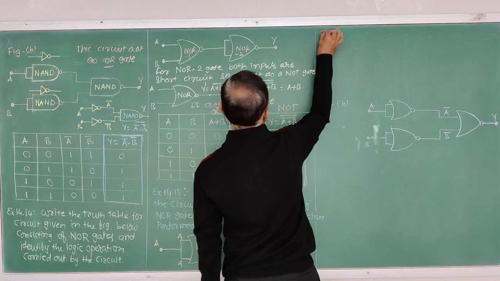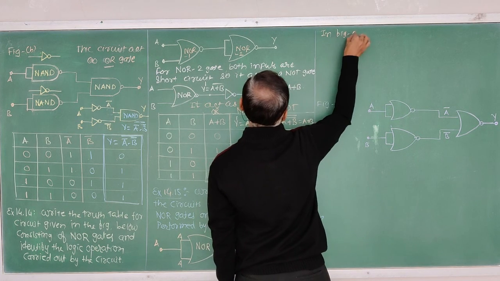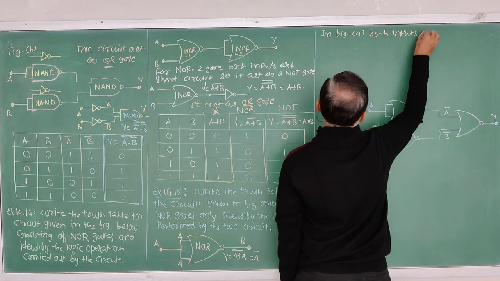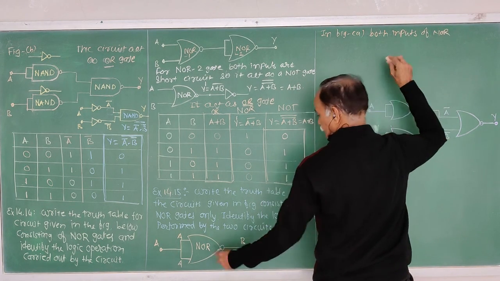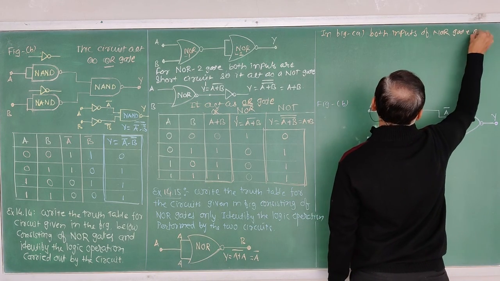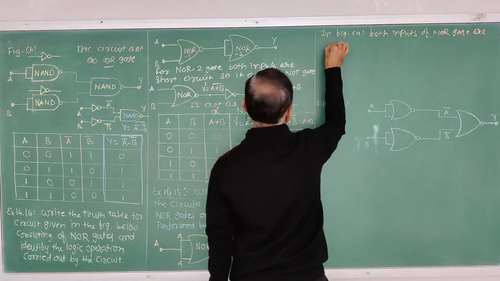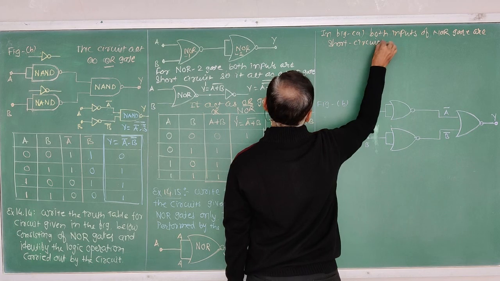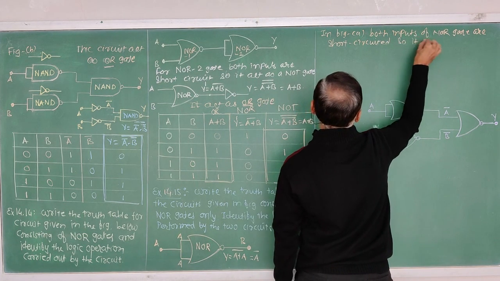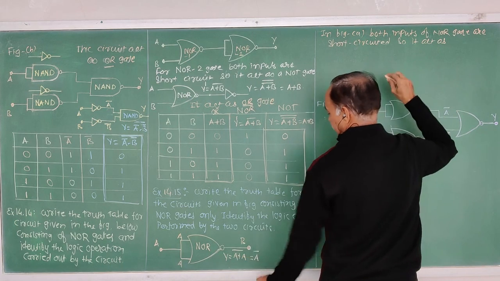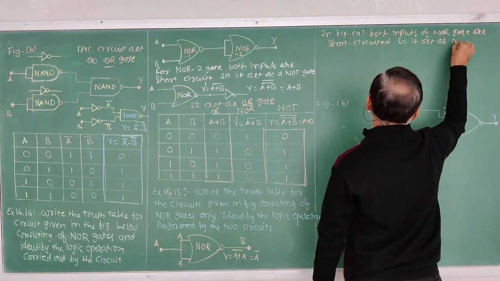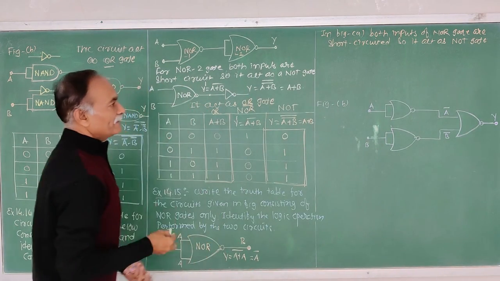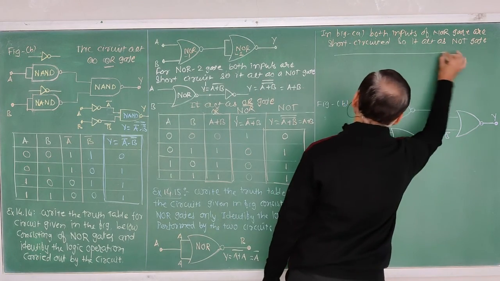So in the figure, both inputs of the NOR gate are short circuited, so it acts as only a NOR gate. Now we prepare the truth table for this circuit.